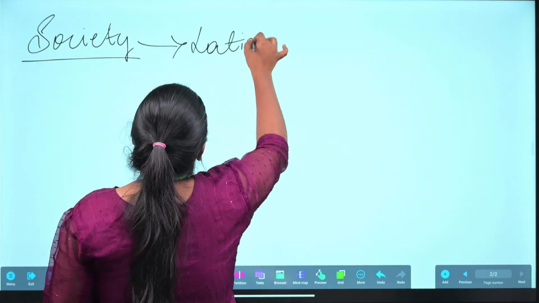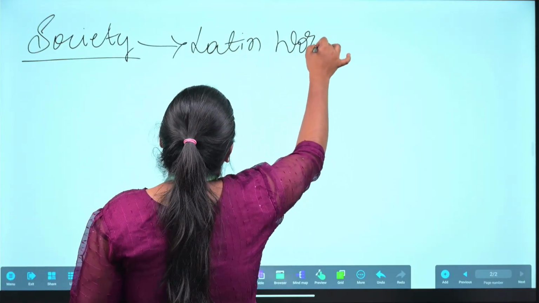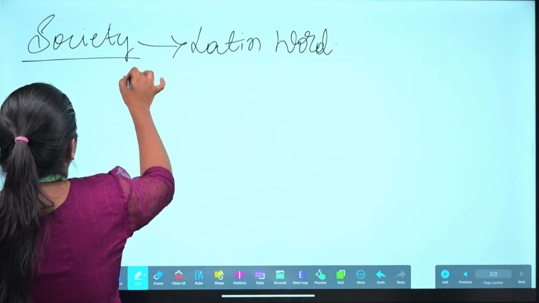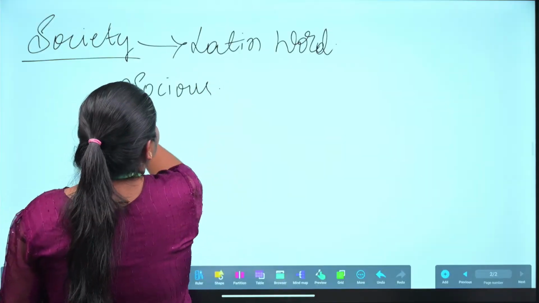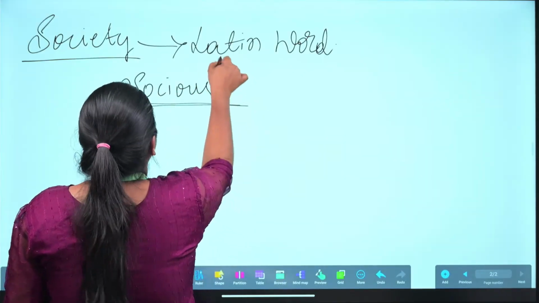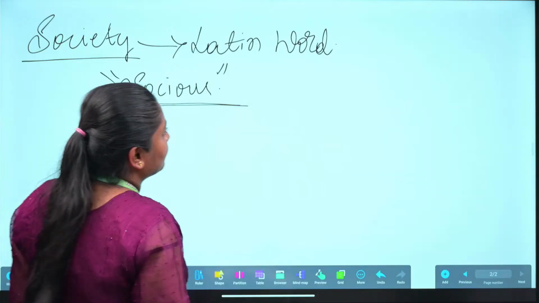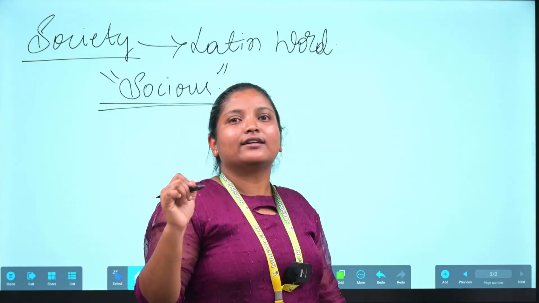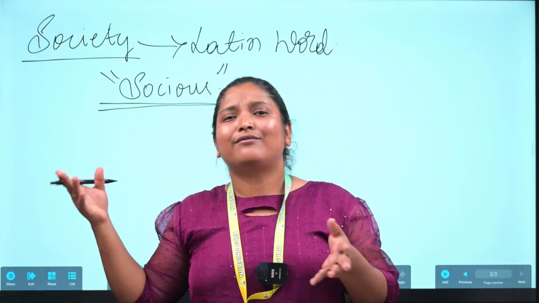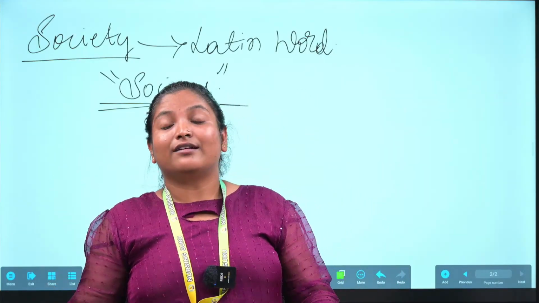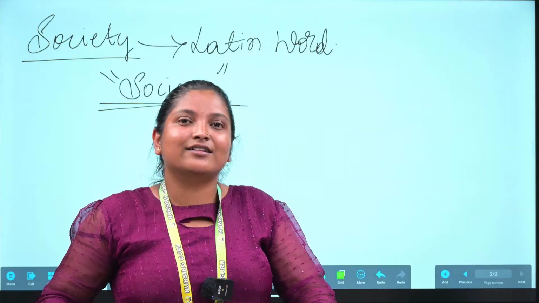Which word? Latin word. The word is called socius. Why I am stressing this: while writing the exam you have to write like this. This is a dry subject, my dear students, you have to know. If you know the terminologies, you will understand the topic better.